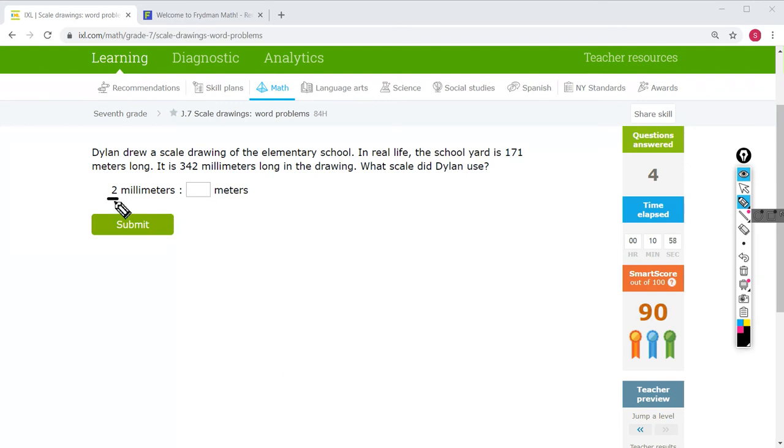IXL gave us millimeters on the left, so let's put millimeters first. We have 342 millimeters on the left, and on the right we have 171 meters.